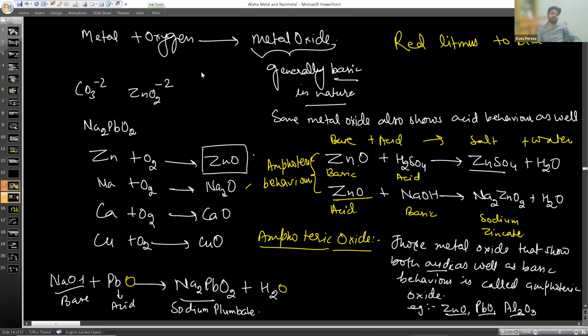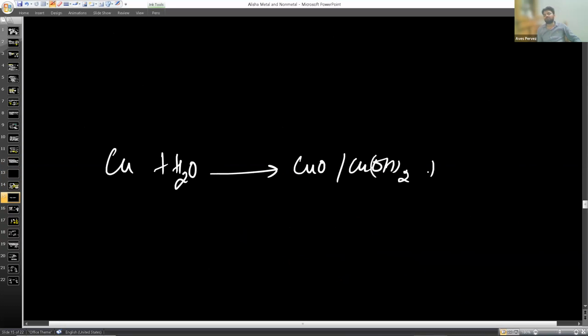If I ask you one simple question here: when copper reacts with water, what will it give you, copper oxide or copper hydroxide plus hydrogen gas? Tell me. Copper doesn't react with water, sir.